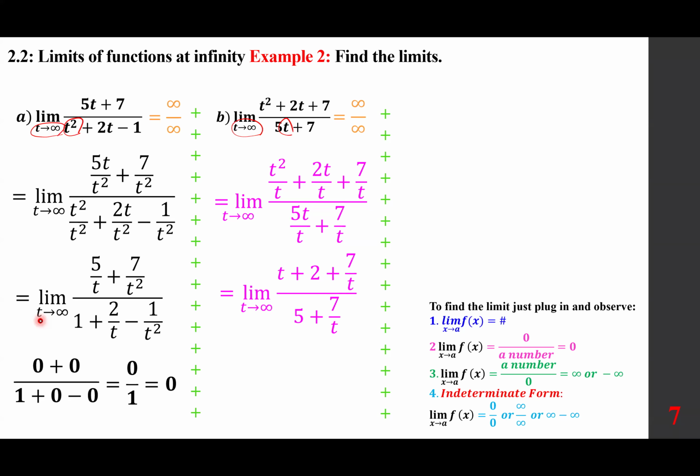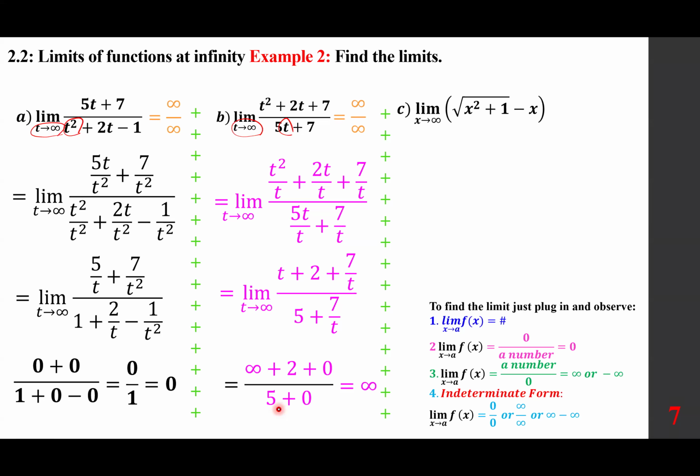Now, nothing else can be simplified, plug in infinity. When you do that, the top, infinity plus a number minus a number makes no difference, is infinity. You divide by 5 or 5,000, it is still infinity.